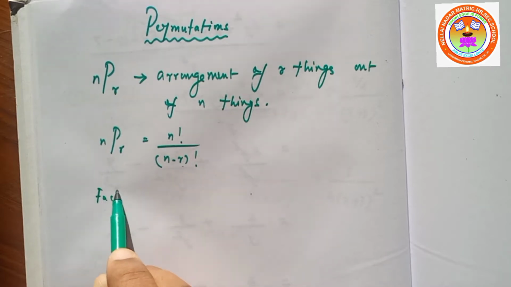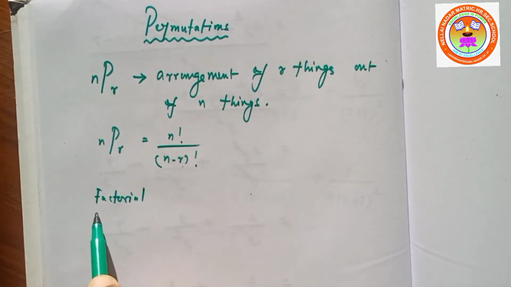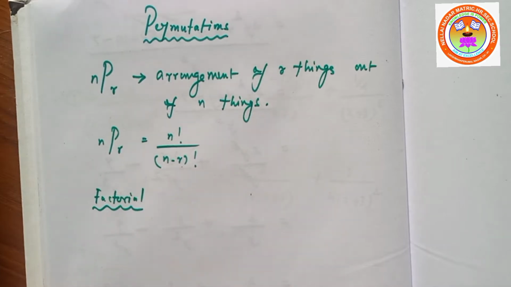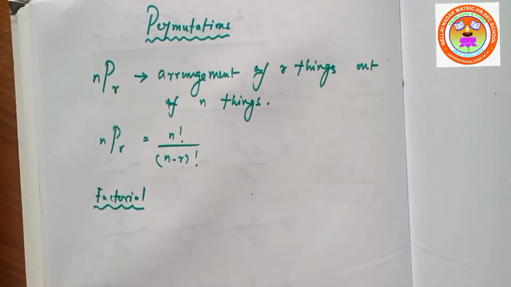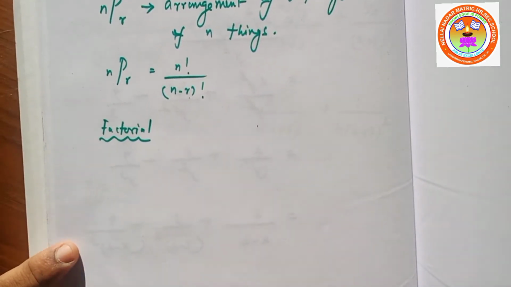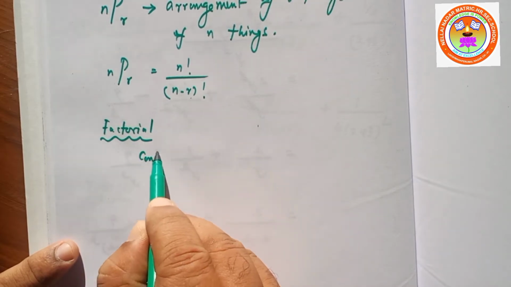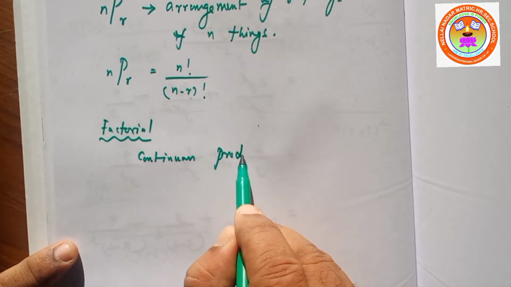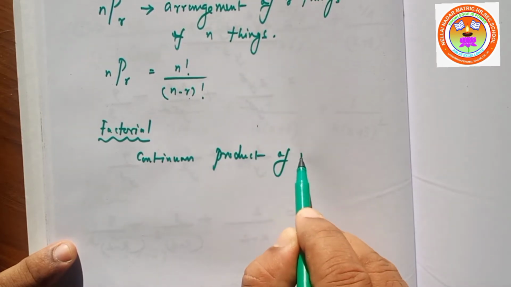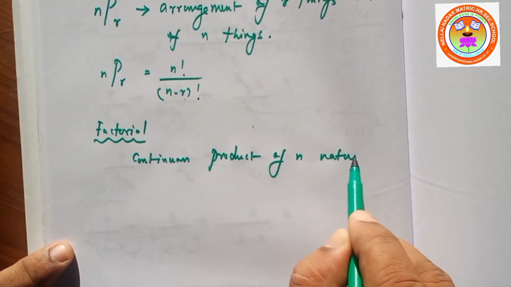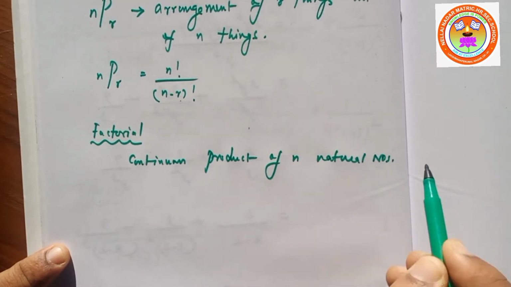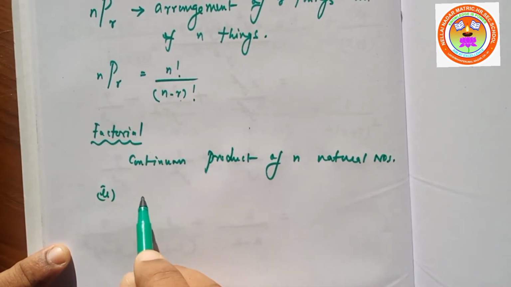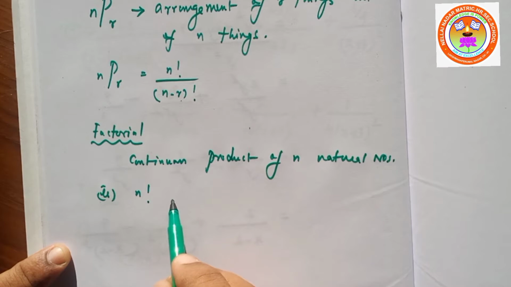Factorial is the continuous product of n natural numbers, that is factorial n.